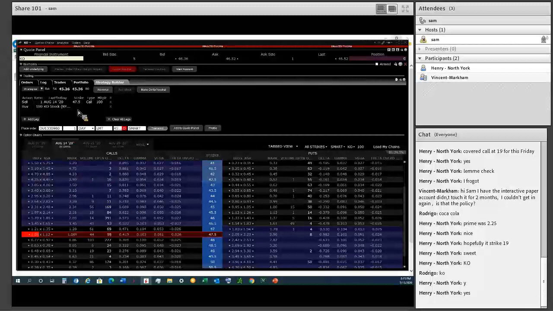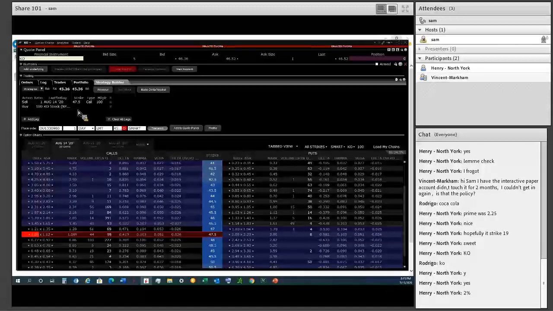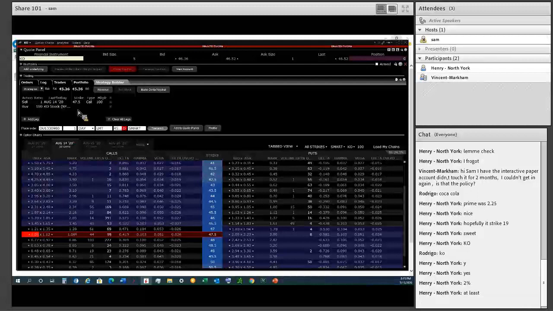If we do that, Rodrigo, over 30 days, we have to calculate what's the return. Remember, what's the rule? What are we looking for? How much are we looking for, monthly return?